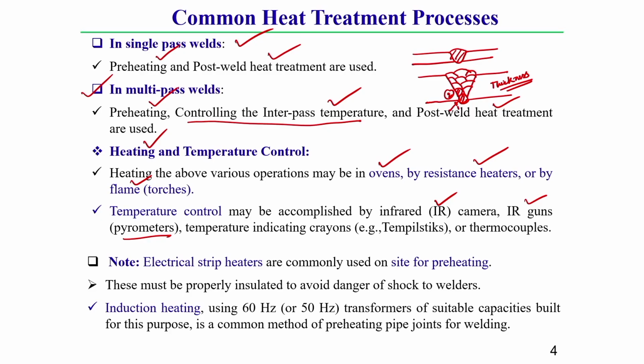Then you can also do it by using temperature indicating crayons. This also has an important name, thermoplastics. You should keep this in mind. These are very important sticks we use here. We generally use different types of sticks, and each stick has a particular melting point. That melting point is generally printed on the stick cover.